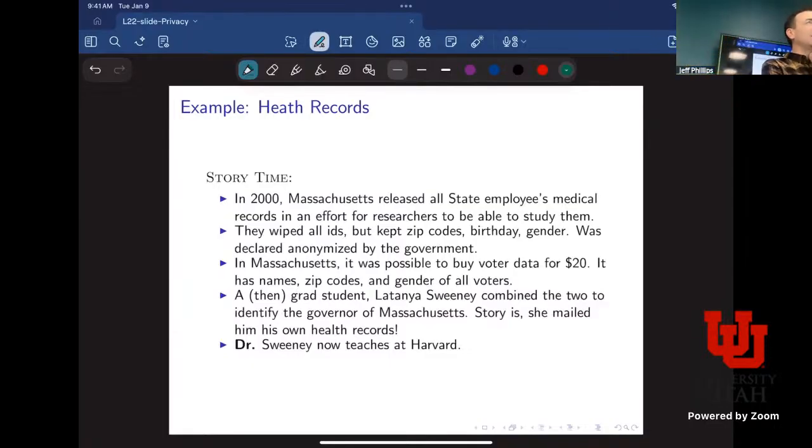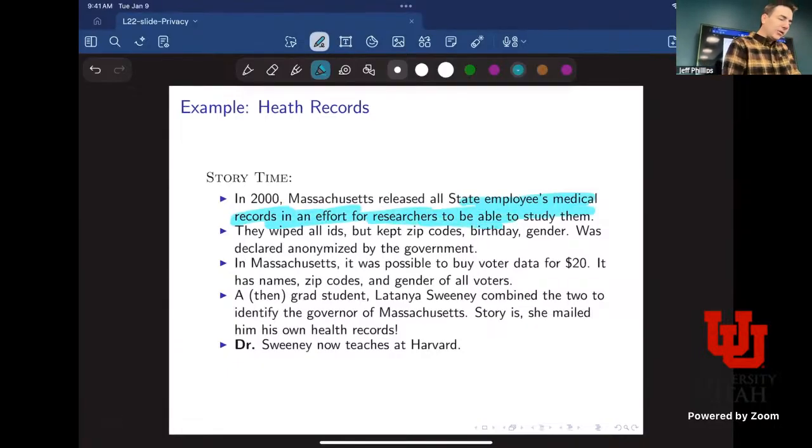And so the insight here is that you can release one data set, right? So the state employees' medical records, right? And you think that these are anonymized because you wiped all the IDs, but you wanted this other information, right? And so what can happen is you can link the information about the zip codes, birthday, and gender with the names, zip code, and gender of all the voters.